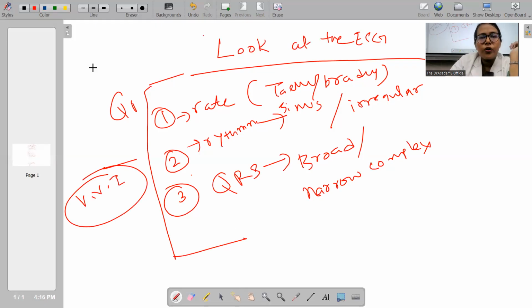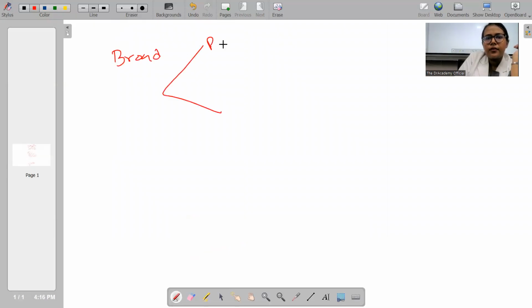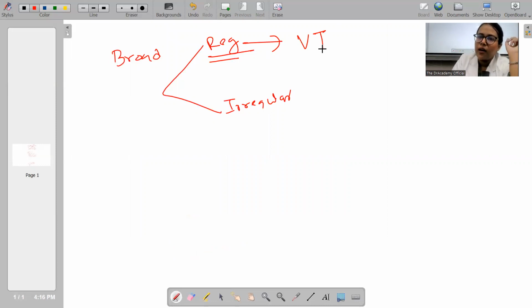All right. So what are the differentials for broad complex and narrow complex? So broad complex, divide this into regular, and the other one would be irregular. So within the regular, the most common broad complex regular tachycardia is ventricular tachycardia, okay, VT, unless and otherwise proved.